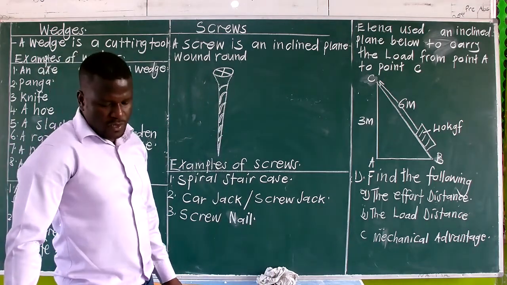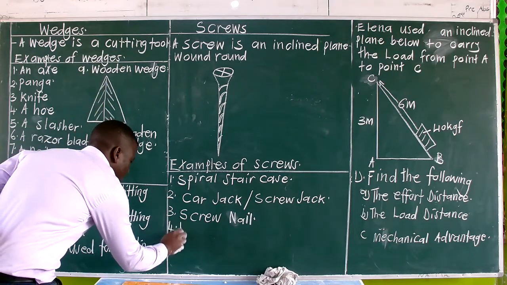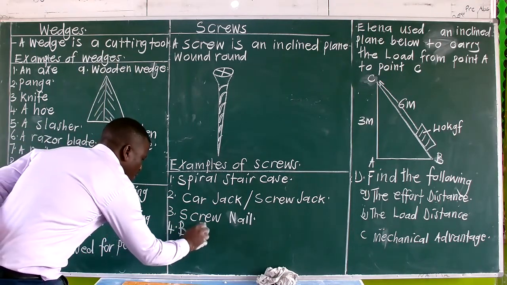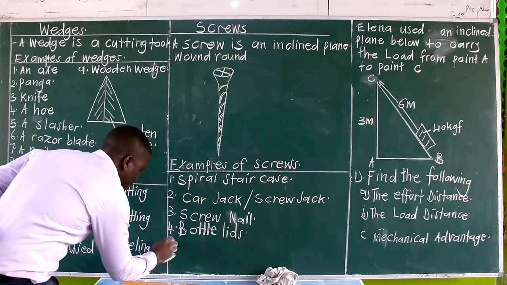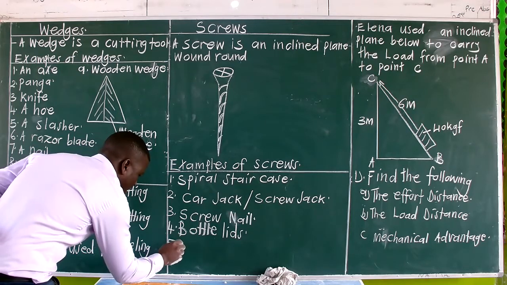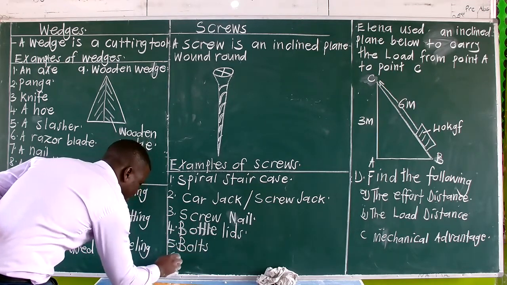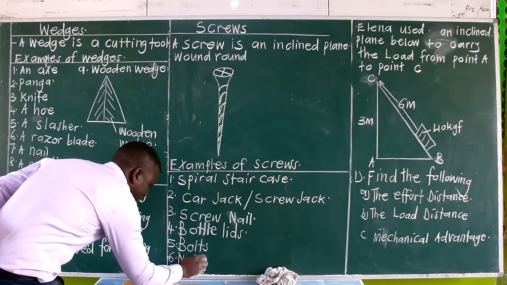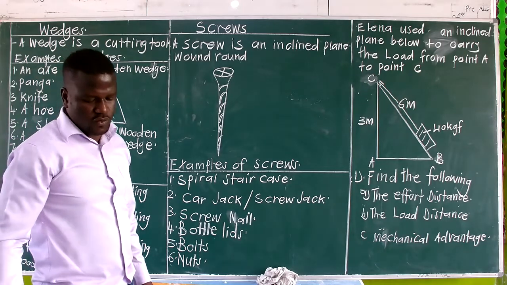We have what are called bottle lids. Number 5, we have bolts. Number 6, we have nuts. All these are examples of screws.